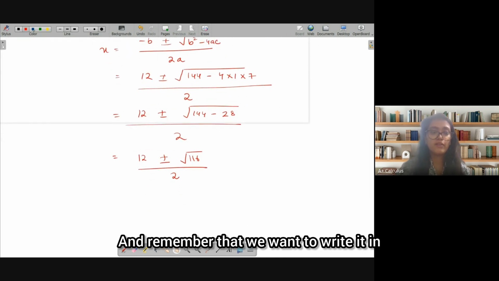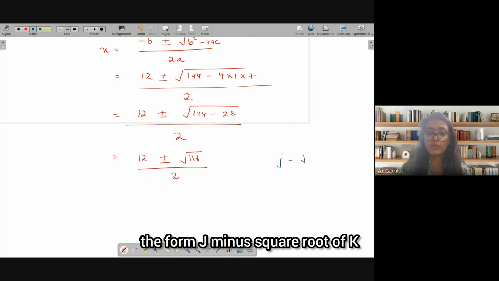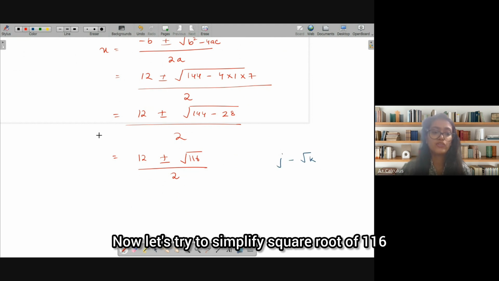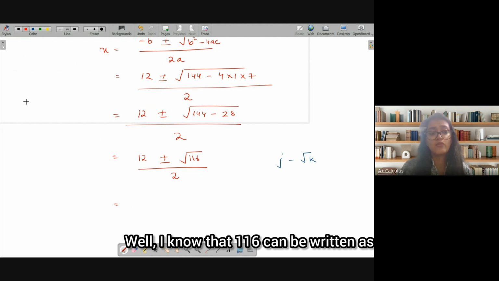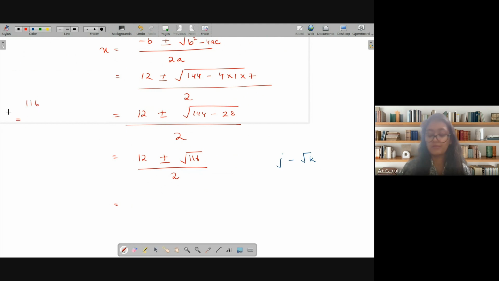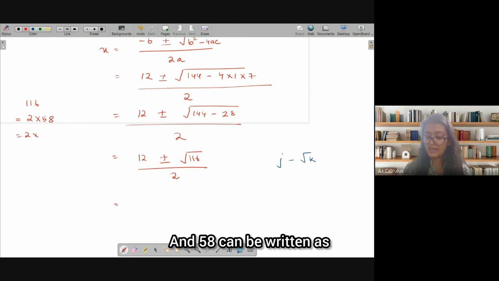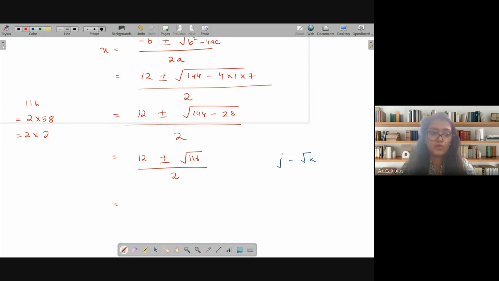And remember that we want to write it in the form j minus square root of k. Now, let's try to simplify square root of 116. Well, I know that 116 can be written as 2 times 58, and 58 can be written as 2 times 29.